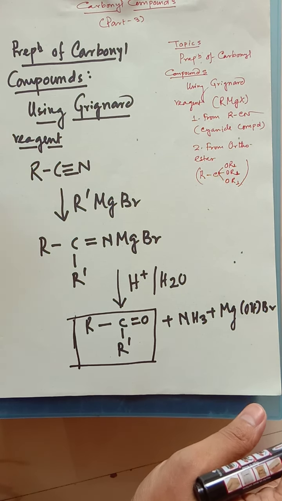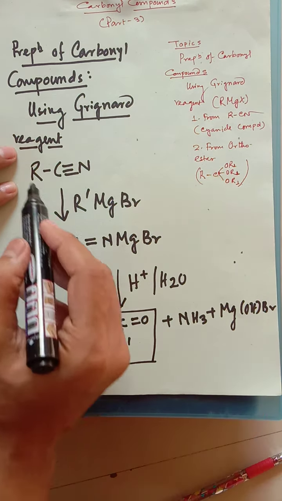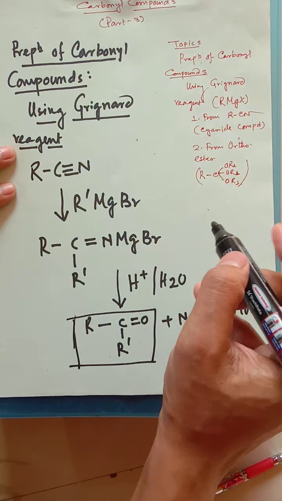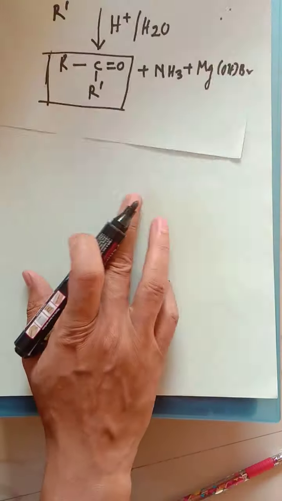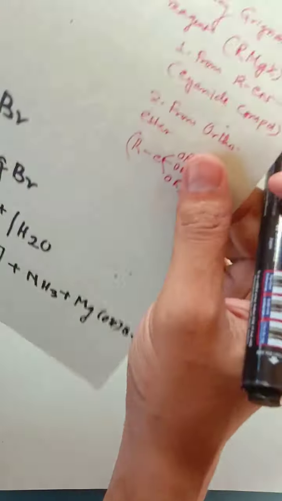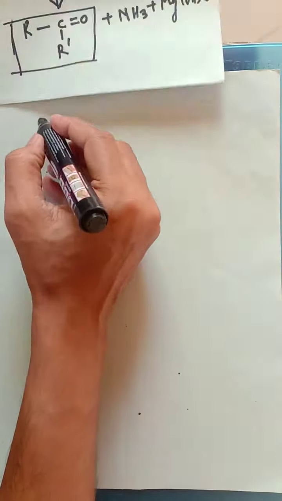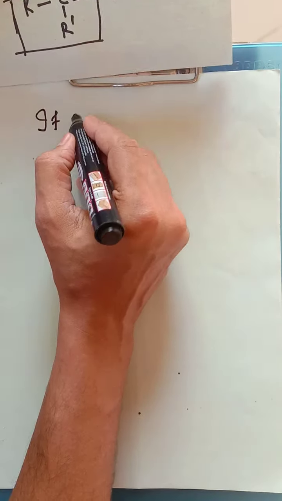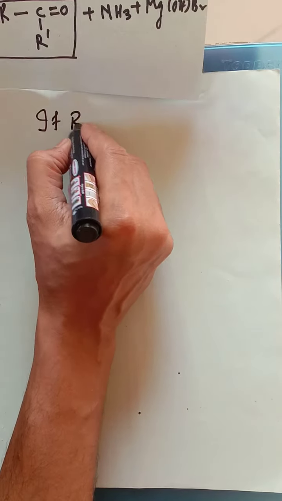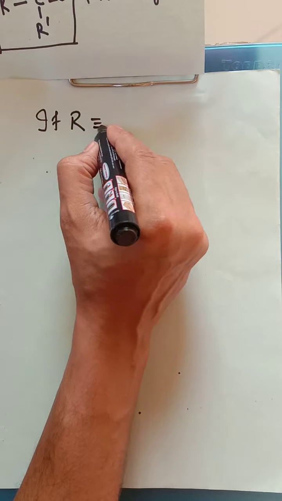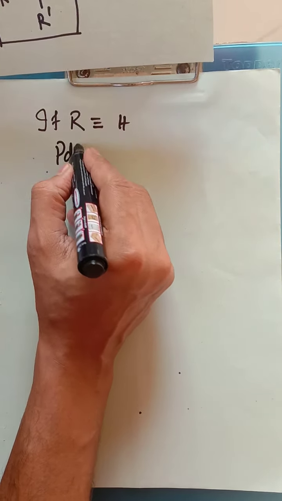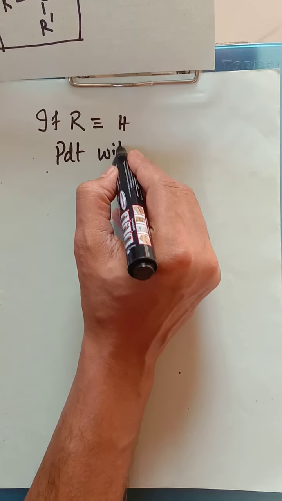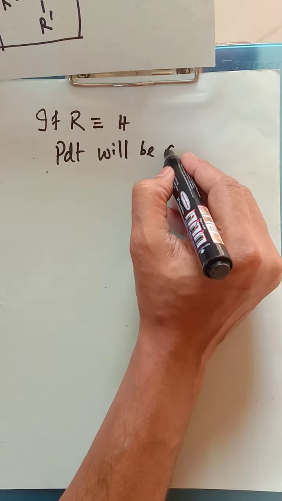Mind that it is very simple to understand, because in place of R, we always have to remember that if in this reaction R is equal to H, the product will be aldehyde.